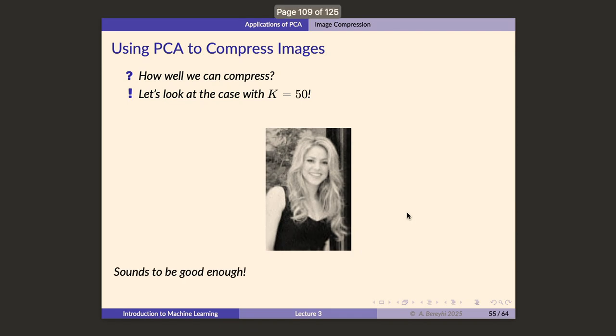So this is K equal to 50, which is very close to the original one. You essentially don't need all of those 300 different pixels in each column. You just need 50 of them to have a very good reconstruction. So it practically works, really. It's not just a bunch of boring linear algebra.